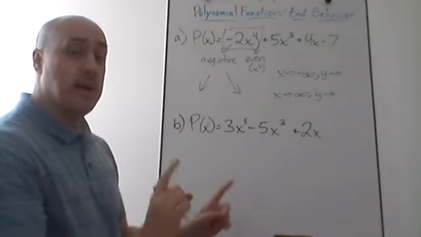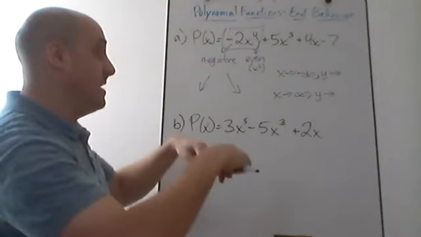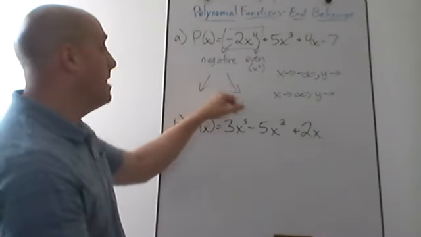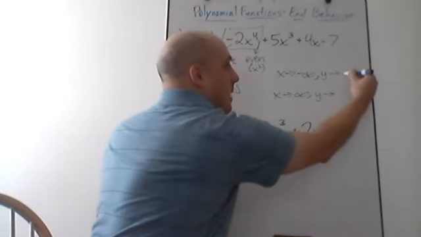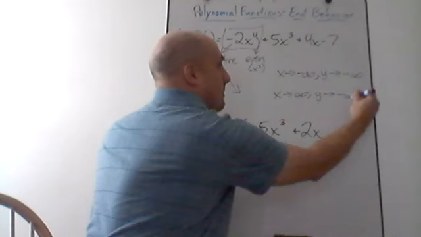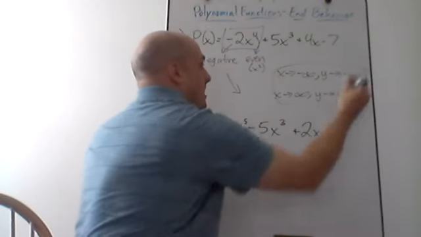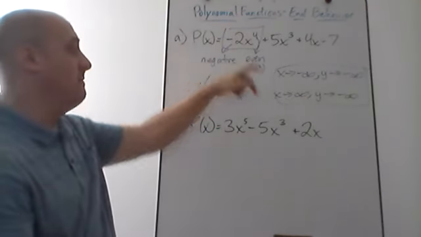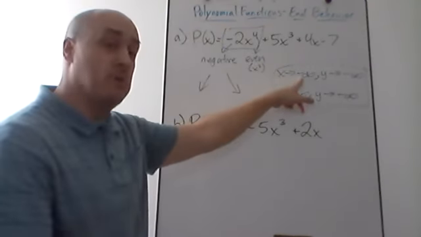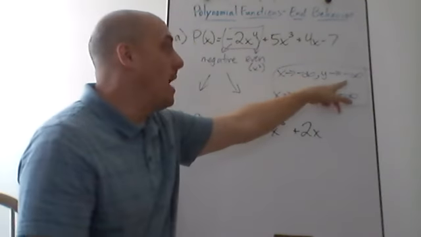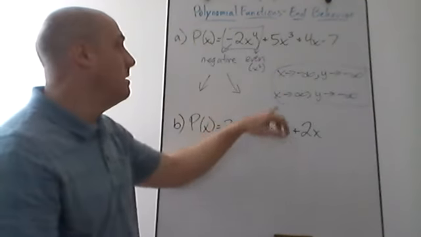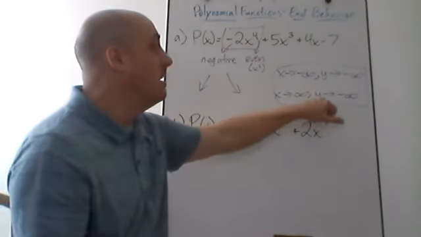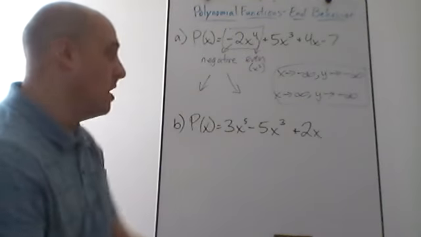So if y is going up, then y approaches positive infinity. Down would be negative infinity. Well, here both sides are going down, so on both sides, y is approaching negative infinity. So that's my end behavior for the graph of this function. As x approaches negative infinity, moving to the left, y approaches negative infinity, going down. As x approaches positive infinity to the right, y approaches negative infinity, going down.